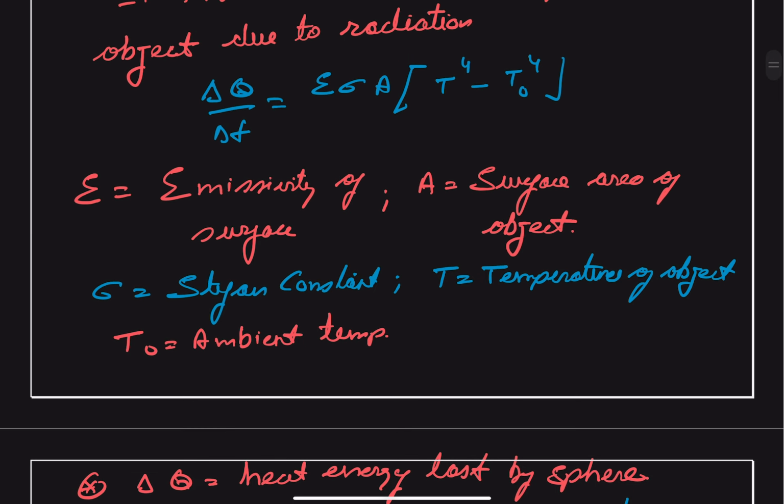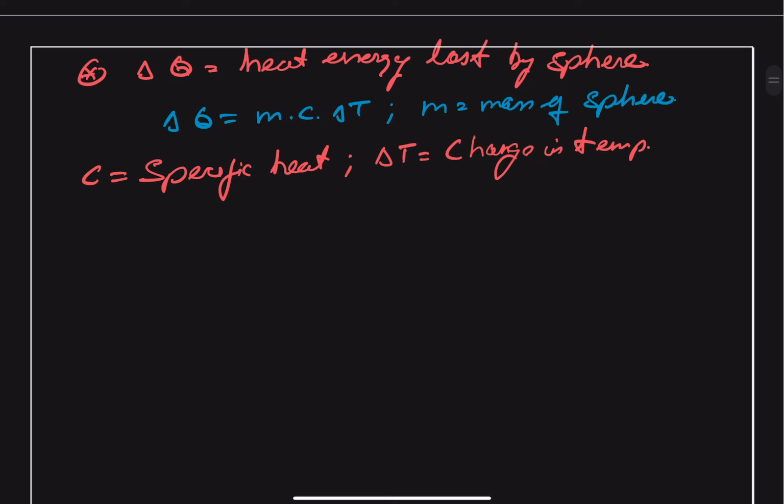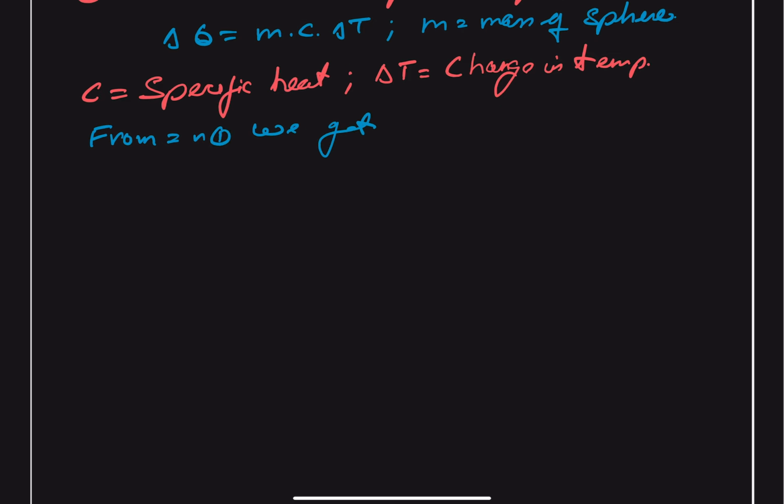So from equation 1 we get delta T upon time equal to epsilon sigma A, T raised to power 4 minus T naught raised to power 4, and whole divided by m multiplied by c.